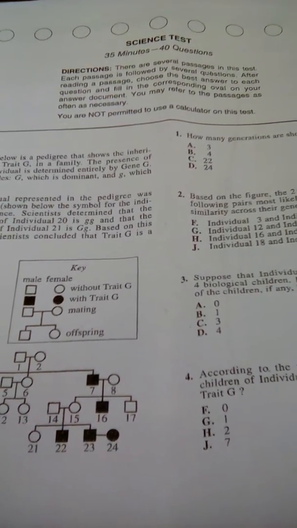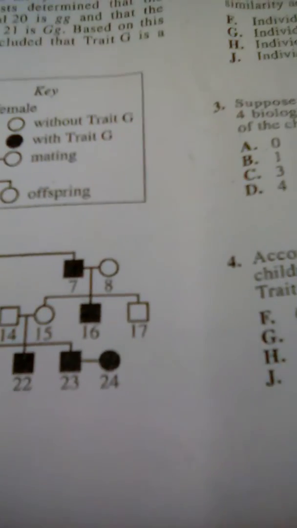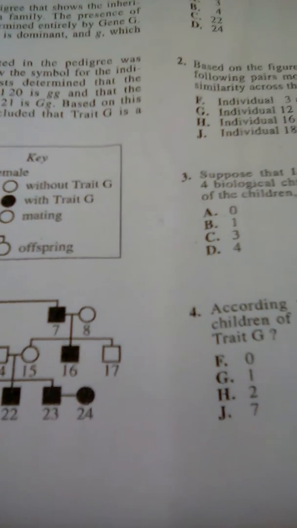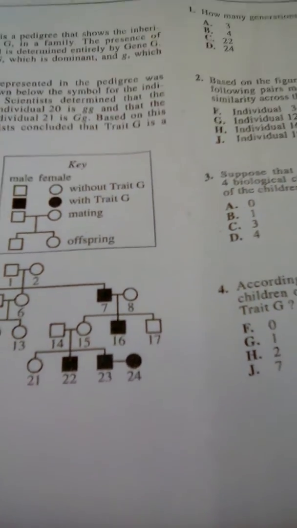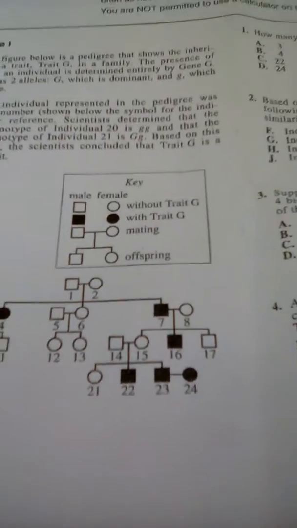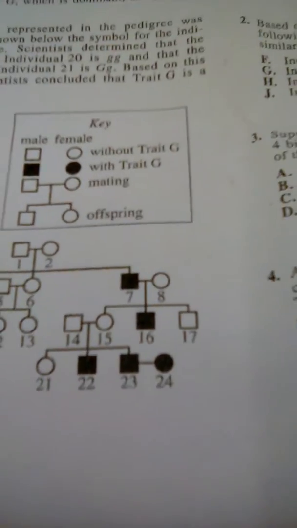If you are entirely black, you have trait G. So we have here 23 with the recessive gene, 24 with the recessive gene.